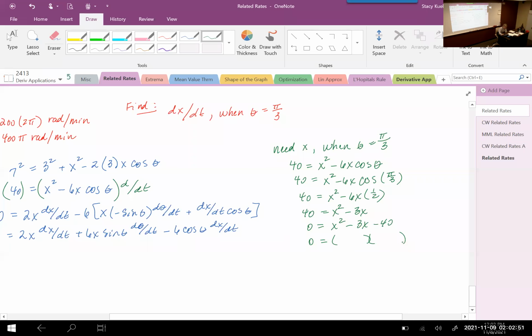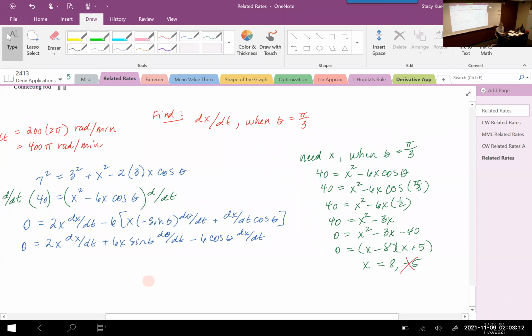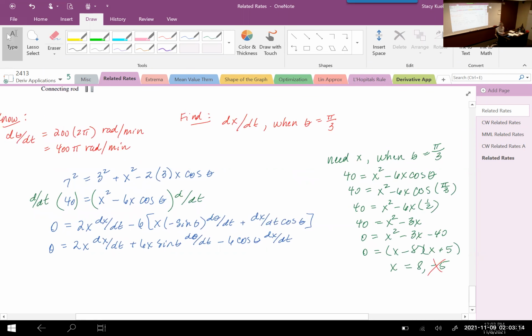First term is 1, last term, so what are the factors of 40 that subtract to give me 3? x minus 8, x plus 5. So x has to be equal to a positive 8 or a negative 5. But I can throw out the negative 5 because I'm looking for an actual distance here.